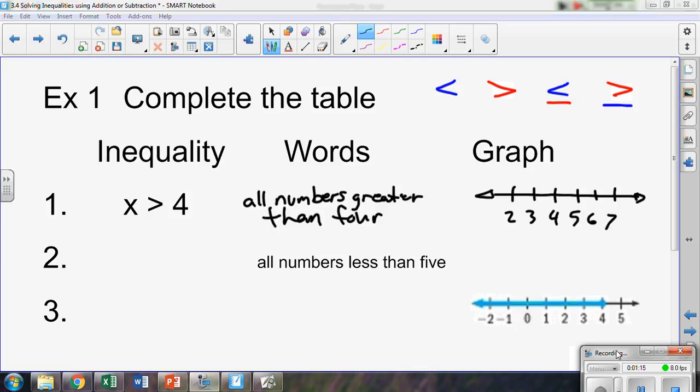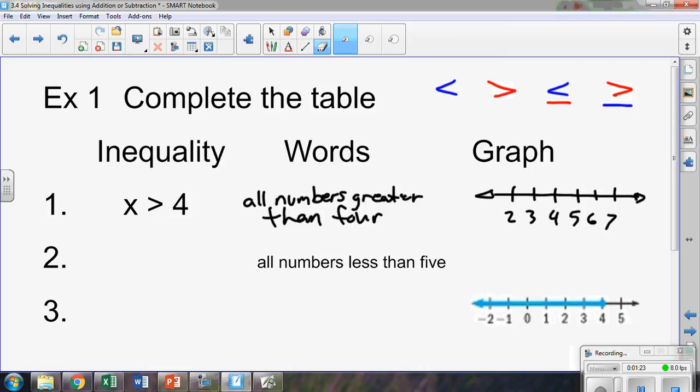And since we have greater than, not greater than or equal to, because there's no line written there, not having the line for or equal to tells us that we should have an open circle on our 4. Open circle on 4, and then we'll fill it in for numbers that are greater.